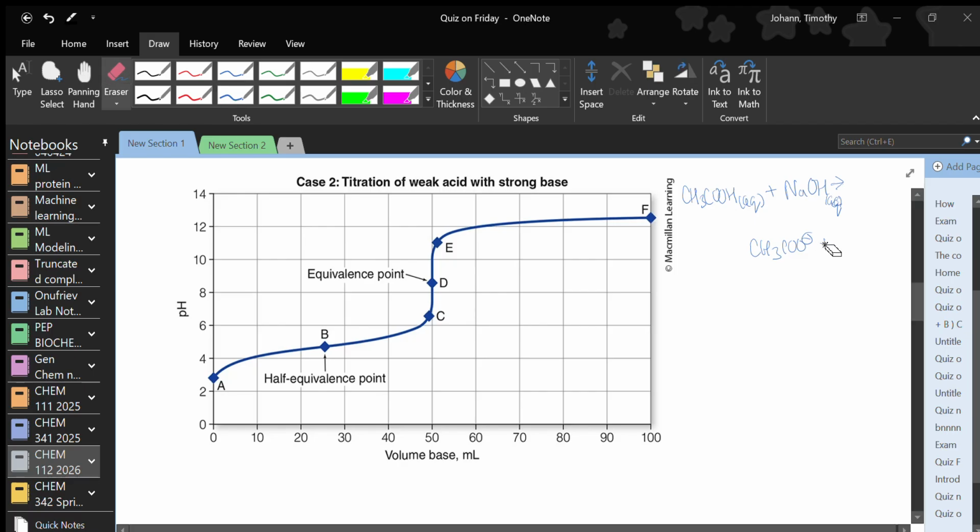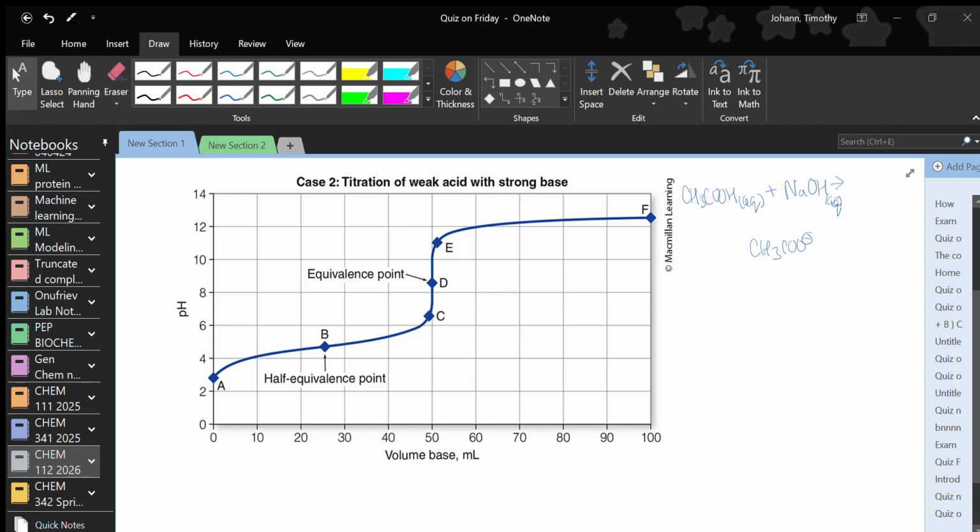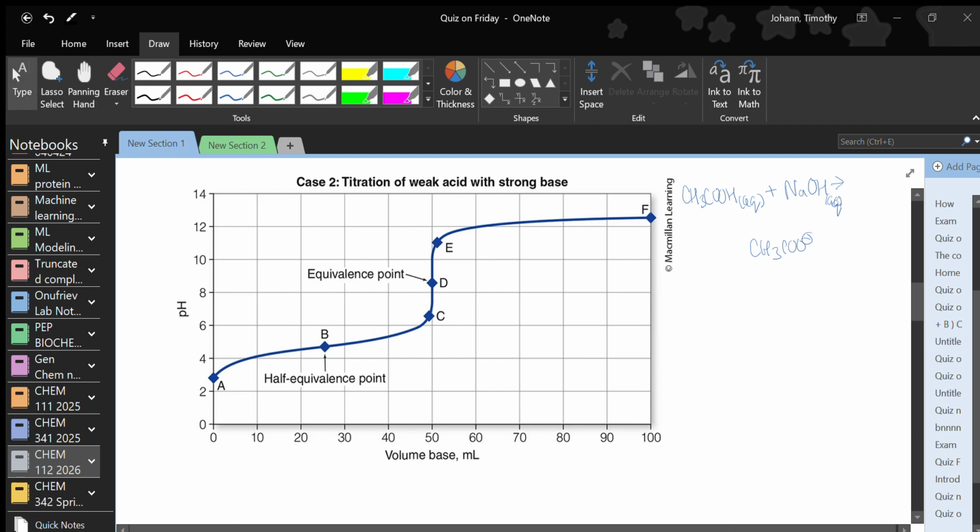I'm not an organic chemist, but I have some tendencies. Maybe I write the sodium here because that's where the negative charge was, or sodium acetate. That's what it's called. That's aqueous, so that's my salt, and we make water, like we've talked about before for these.